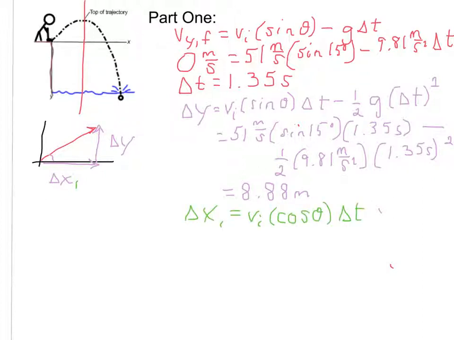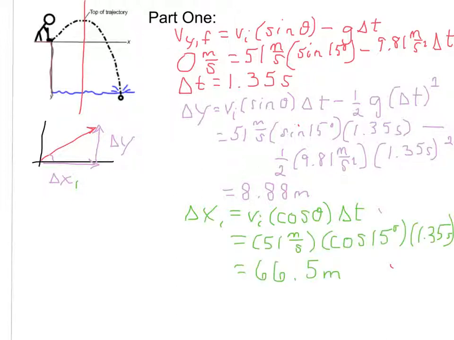I know the initial velocity is going to be 51 meters per second, theta is 15 degrees, and time is 1.35 seconds. And when I punch that into my calculator, I get 66.5 meters. That's the horizontal displacement. Now I am ready. I found the time it takes for the ball to travel from here to the top of the trajectory. I found out how high it went up, the delta y, and then how far it went out, delta x. Now I'm ready for part 2.